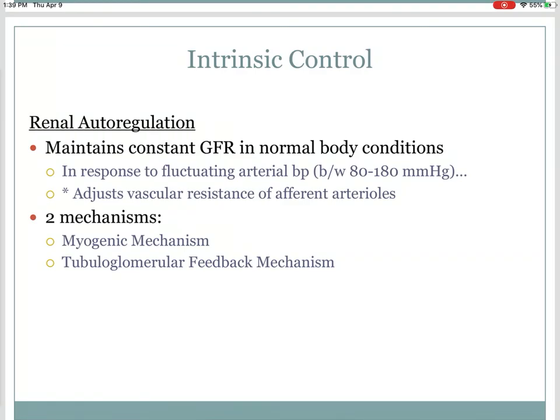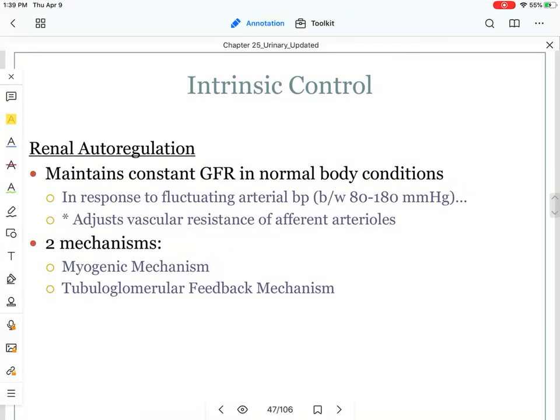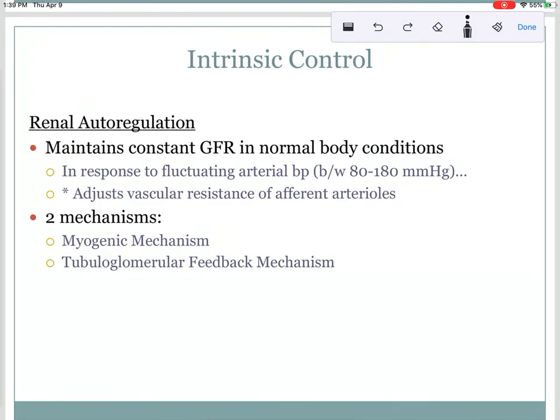This is the ability of the kidneys themselves to autoregulate in response to smaller fluctuations in blood pressure. So it's the kidneys regulating itself, and it's able to maintain the appropriate filtration rate in response to smaller changes in arterial blood pressure. Smaller changes.